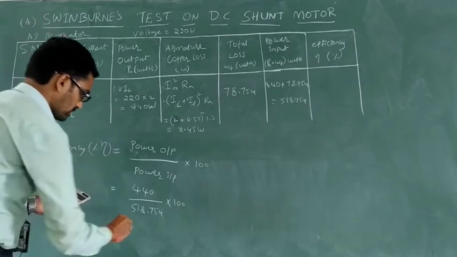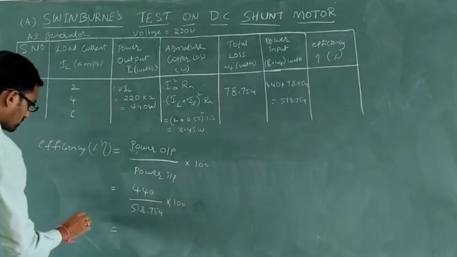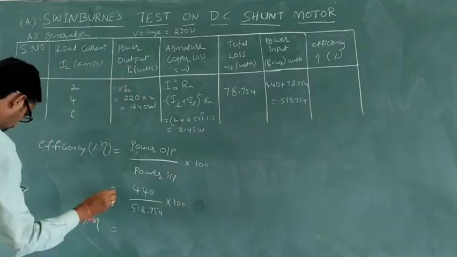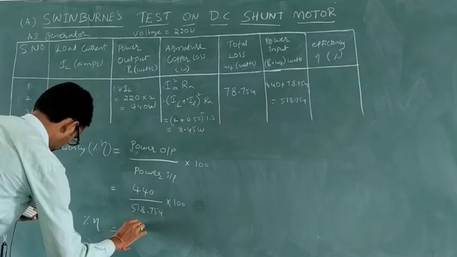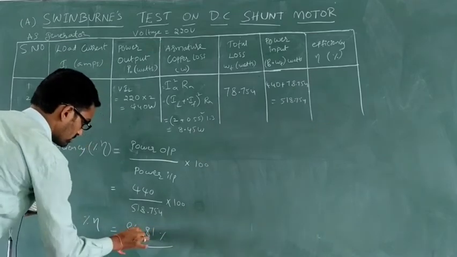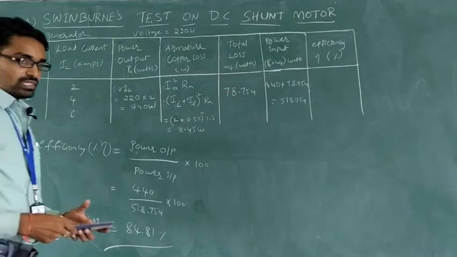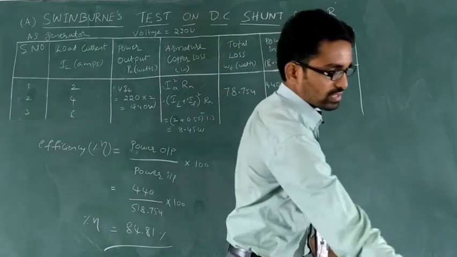If I calculate, you are going to get the percentage efficiency, 84.81 percent. So this is the efficiency of the machine when it is run as a generator.